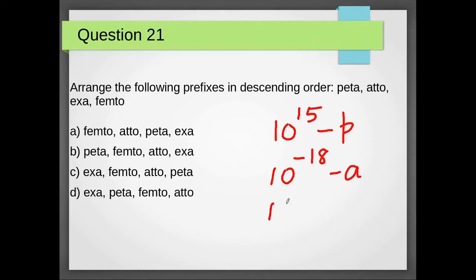Exa is 10 to the power of positive 18. And femto is 10 to the power of minus 15. Hence, the correct answer is exa followed by peta followed by femto followed by atto, which gives us choice number D.